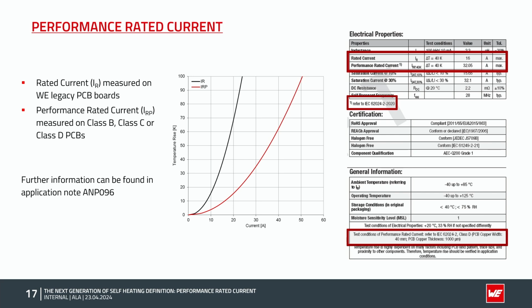But again, only an internal standardization is very hard to compare with other products in the market. And that's why we say, okay, we will now also show the performance rated current, and for new series only the performance rated current will be shown from now on, with the proper class B, C or D specification.